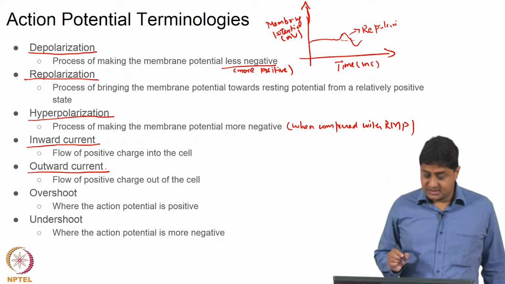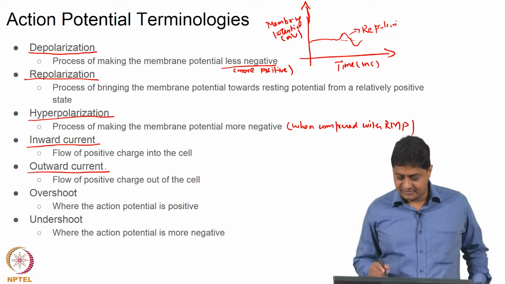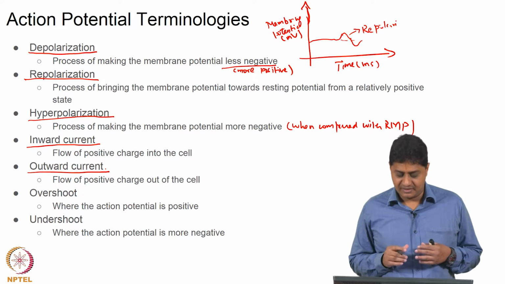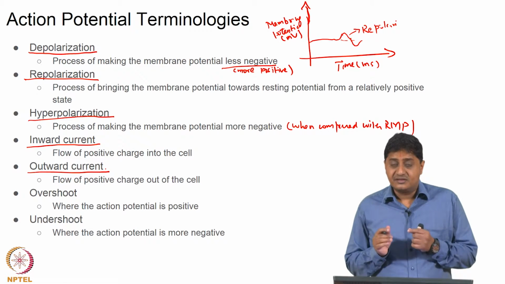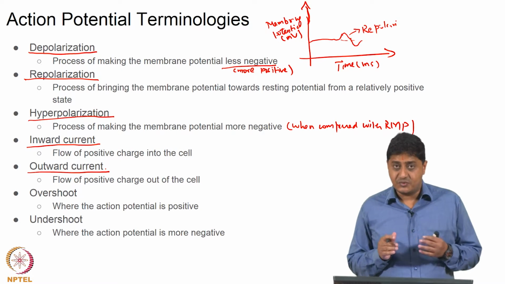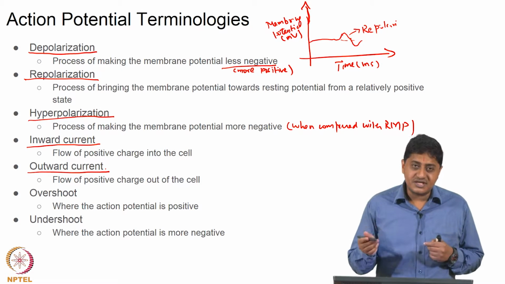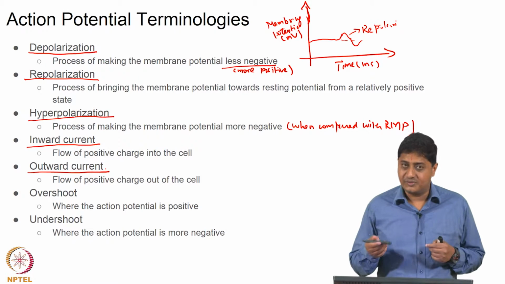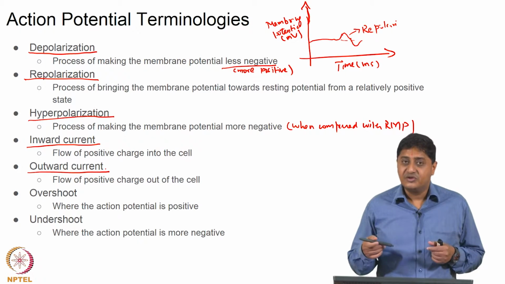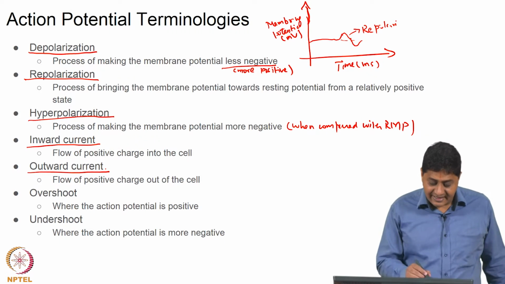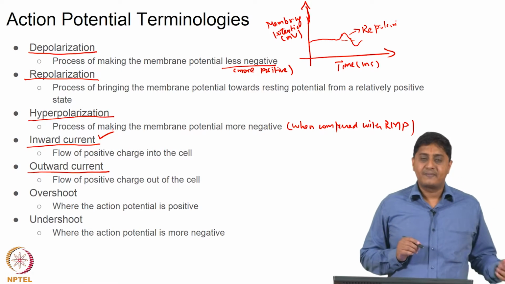We already described that there are channels that are open at certain times, and suppose there is a sodium channel that is open. The amount of sodium outside the cell is more than the amount of sodium inside. Because of this reason, sodium will enter inside the cell from outside, that is an inward current.